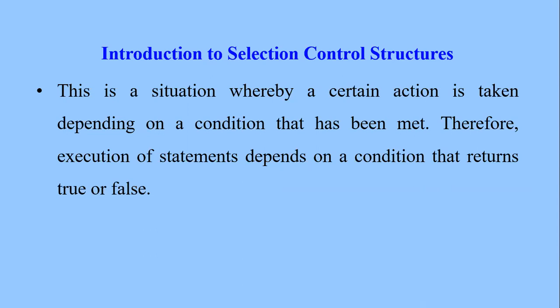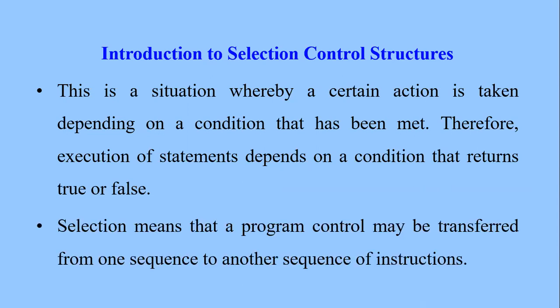Therefore, it is used in situations whereby a certain action is supposed to be taken depending on the condition that has been met. Selection means that a program control may be transferred from one sequence to another sequence of instructions depending on a condition.